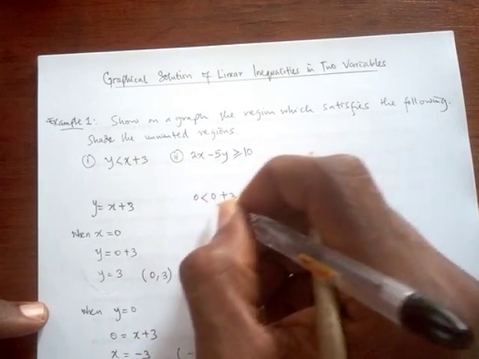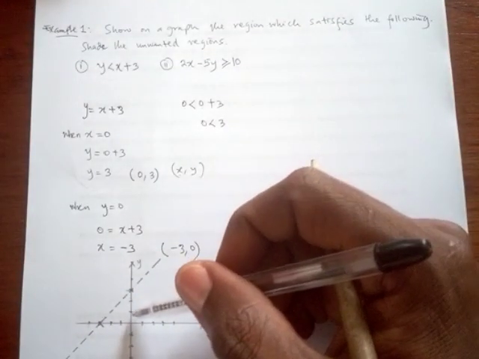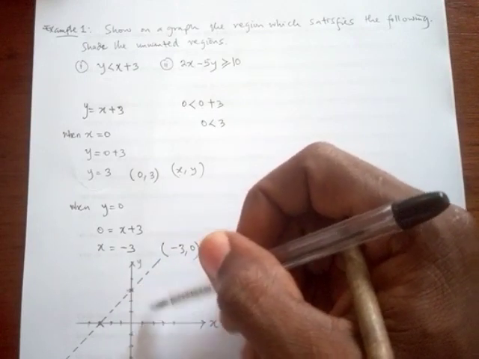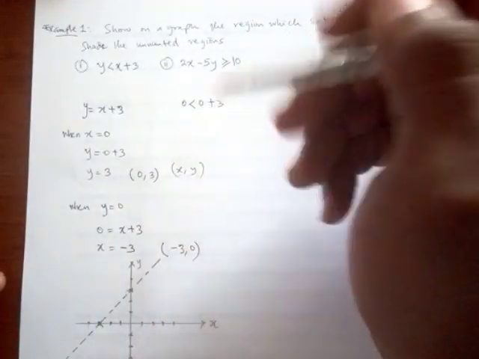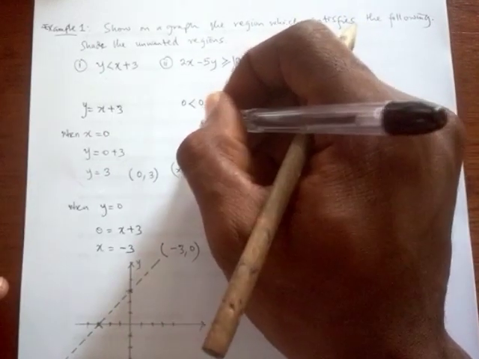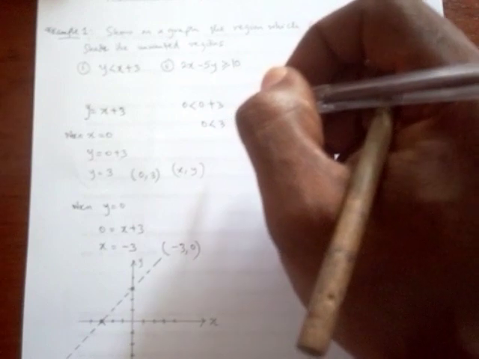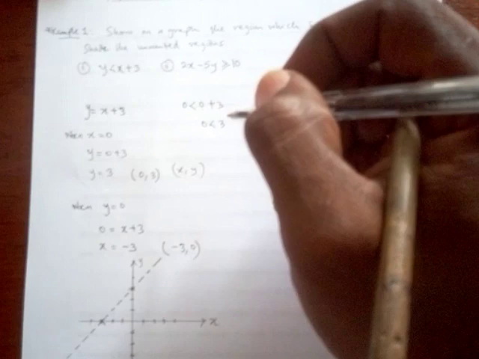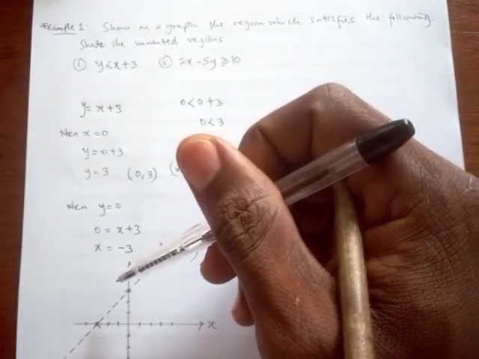So 0 is less than 3 talks about this area of the graph. That's the origin, this part of the graph. So since it is true, what I usually do is, if it is true, I shade the reverse side. But if it is false, I'll shade that region. Remember, we are asked to shade the unwanted regions.